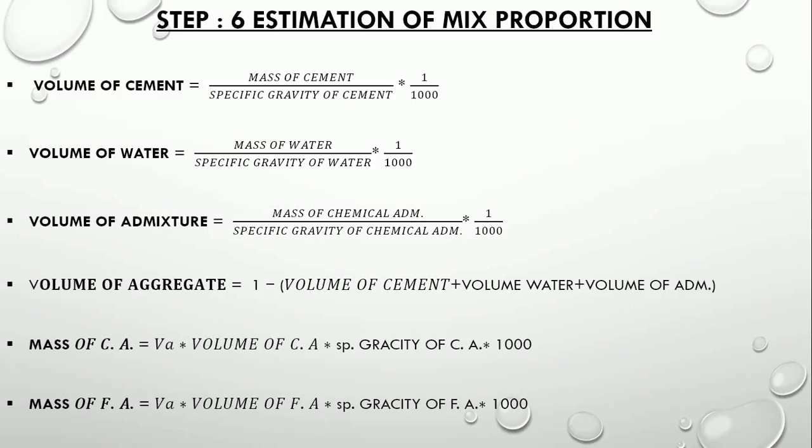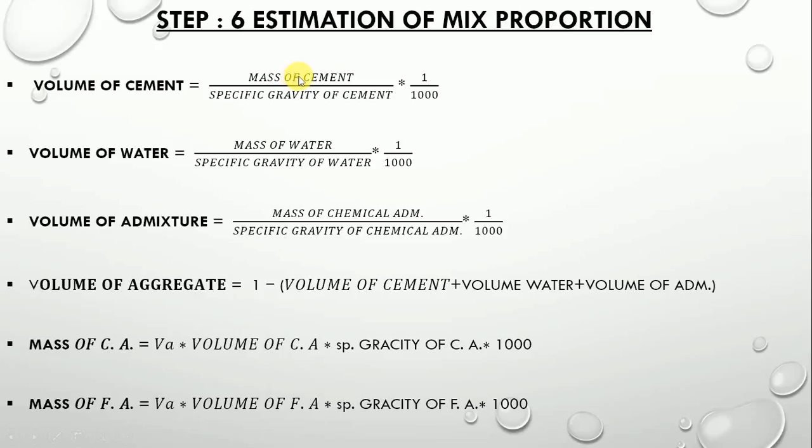Now moving further, step 6, or our final step, estimation of mix proportion. So first of all, it is volume of cement. Now what is volume of cement? How can we calculate it? Very simple, the formula is given in front of you. Just put in the values, all of which we found earlier.